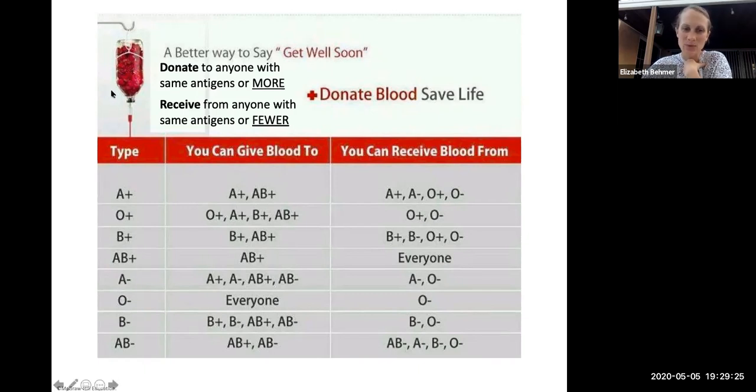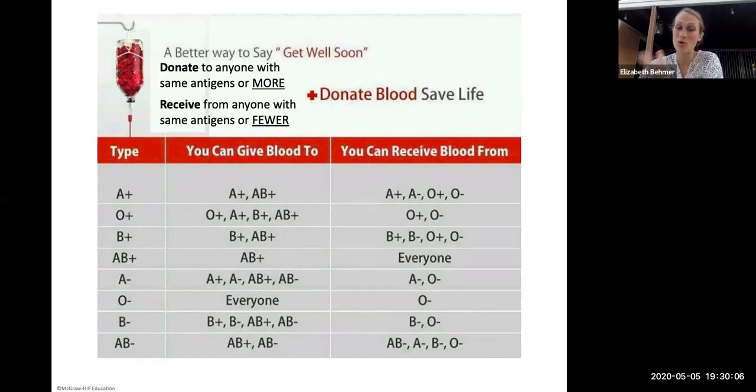You can donate to anyone with the same antigens or more, and a person can receive from anyone with the same antigens or fewer. Some blood types are extra special. If you're AB positive, you're considered the universal recipient. So remember, AB positive blood has all three antigens on the surface, and you're not going to create antibodies against yourself.